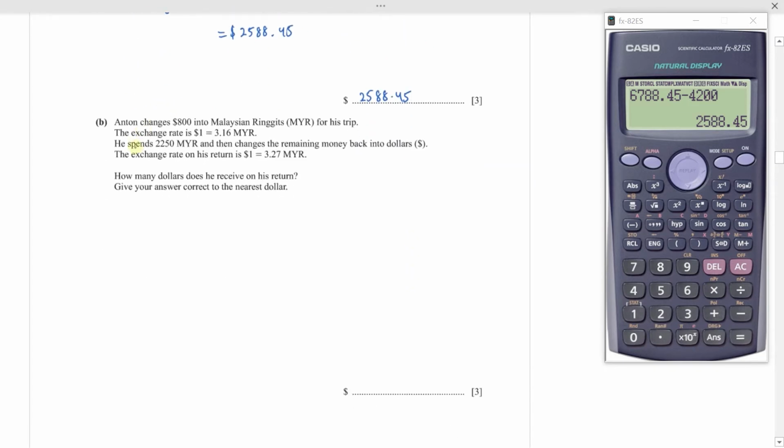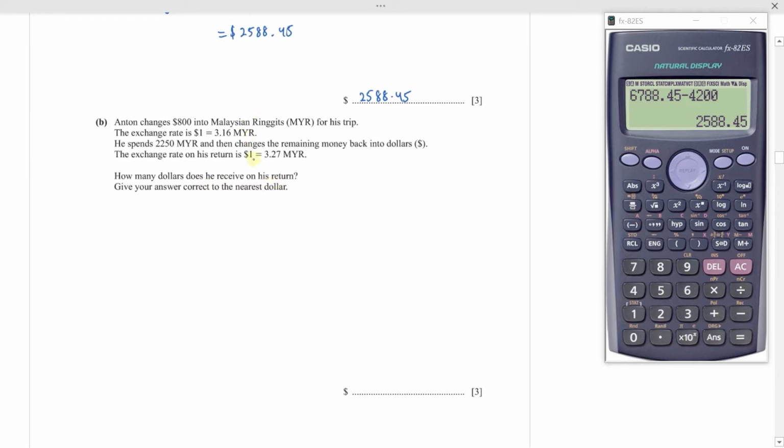The next part is Anton changes $800 into Malaysian ringgits for his trip. The exchange rate is $1 to 3.16 ringgits. He spends 2,250 MYR and then changes the remaining money back into dollars. The exchange rate on his return is this. How many dollars does he receive on his return?